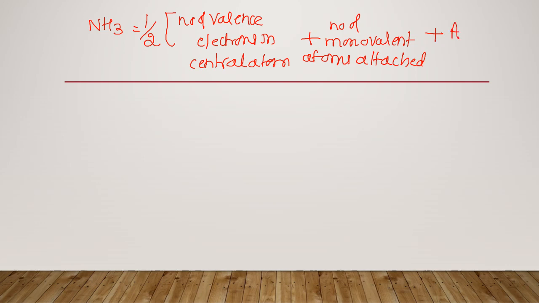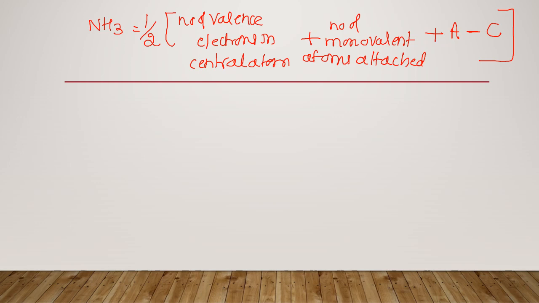So plus A, where A stands for anionic charge. If in a molecule positive charge is there, that means cationic species is given to you, then we have to subtract that positive charge. So I'll write minus C, where C stands for cationic.